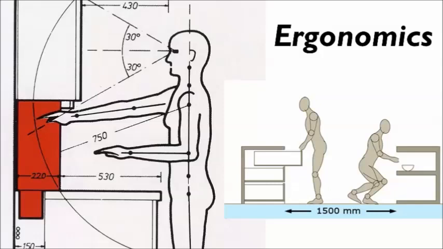You can perform functions more quickly, you can find things more easily, and so ergonomics takes the information that we get from anthropometry and incorporates that into the design of the space.